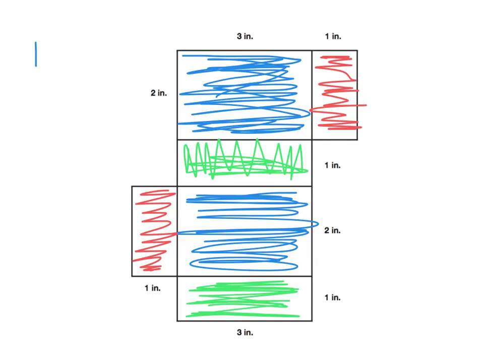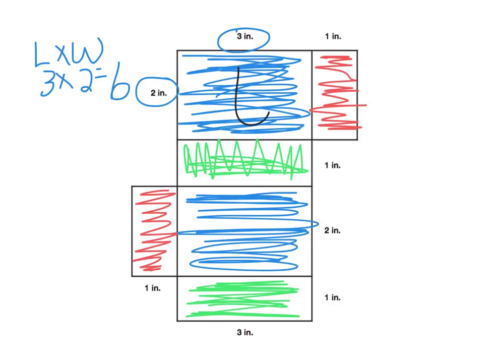Well, we know that area is length times width. On this blue one, we have a 3 up top and a 2, so I'm going to do 3 times 2, which equals 6. And now I know that my blue surface area is going to be 6. So I'll have 6 there, and I'll have 6 here.